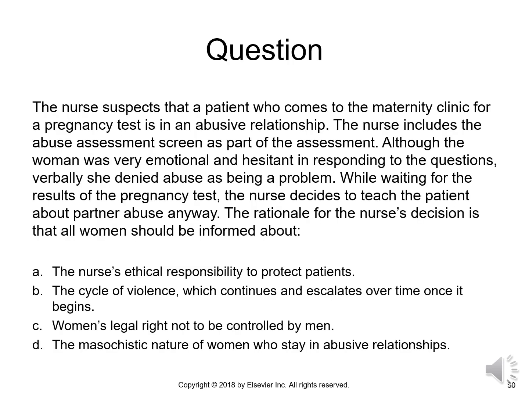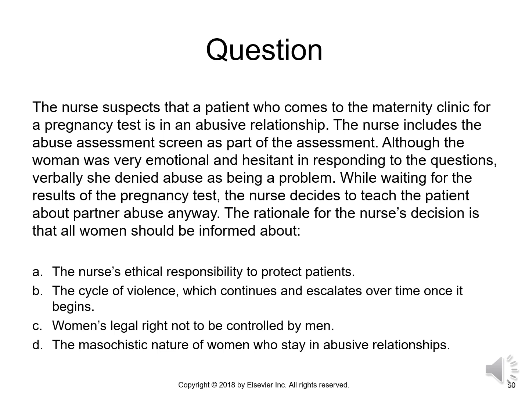Your question for this chapter says the nurse suspects that a patient who comes to the maternity clinic for a pregnancy test is in an abusive relationship. The nurse includes the abuse assessment screen as part of her assessment. Although the woman was very emotional and hesitant in responding to the questions, verbally she denies abuse as being a problem. While waiting for the results of the pregnancy test, the nurse decides to teach the patient about partner abuse anyway.